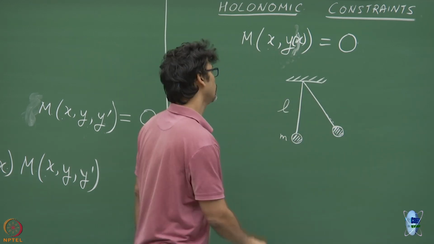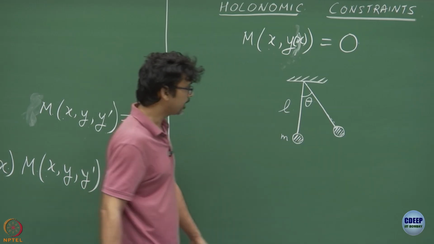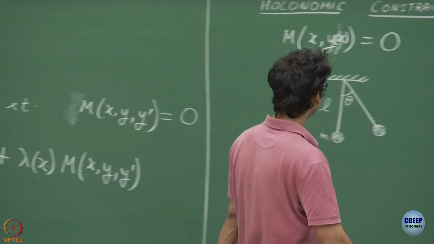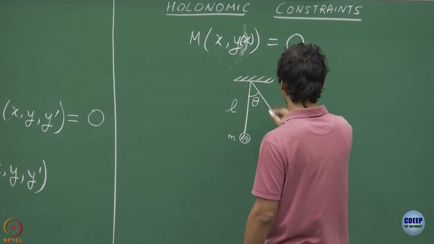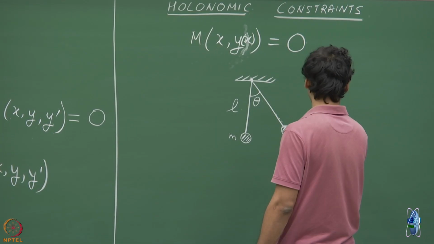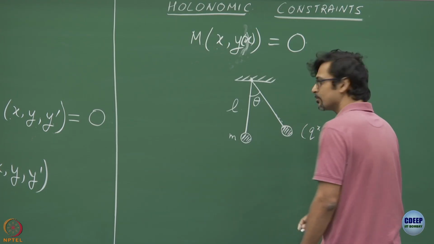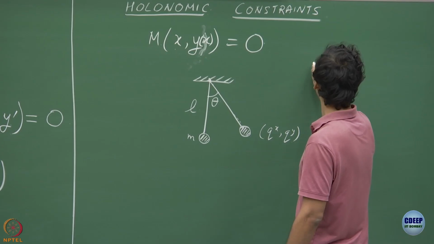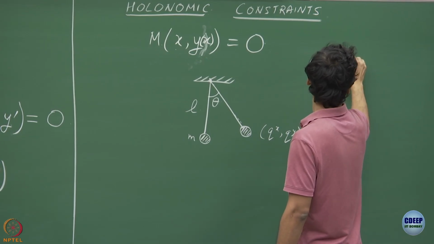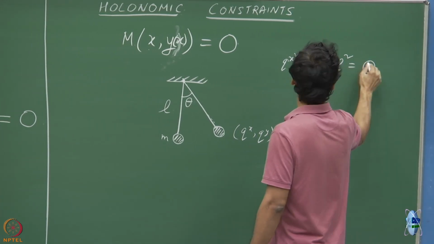Now you of course know how to write this equation. You can draw free body diagrams and things like that, but the point is, the constraint here is what? If you think about this as the origin, and let's say the position here is qx, qy, the constraint is going to be given by qx squared plus qy squared minus L squared is equal to 0.